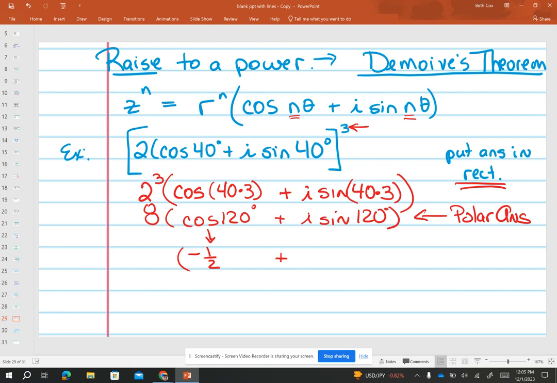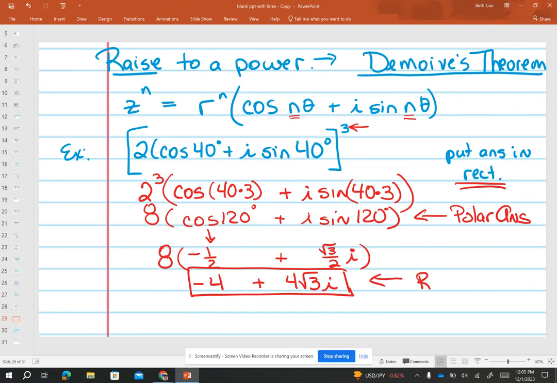The sine of 120 degrees is the square root of 3 over 2. Now I'm going to distribute my 8, so I'm going to get negative 4 plus 4 square root of 3 i. And so this would be my rectangular answer.